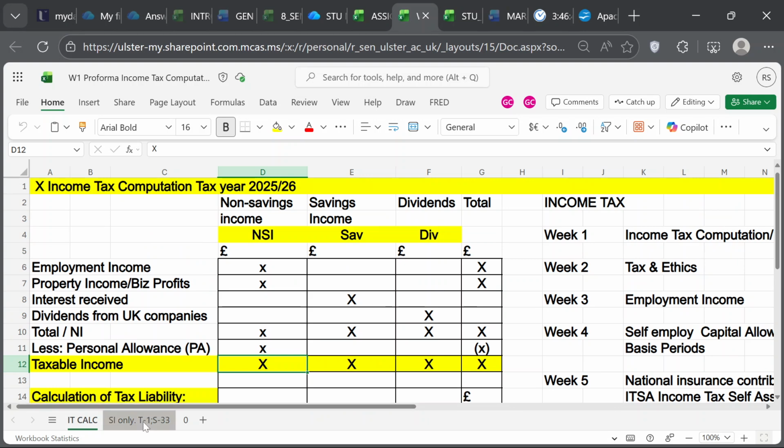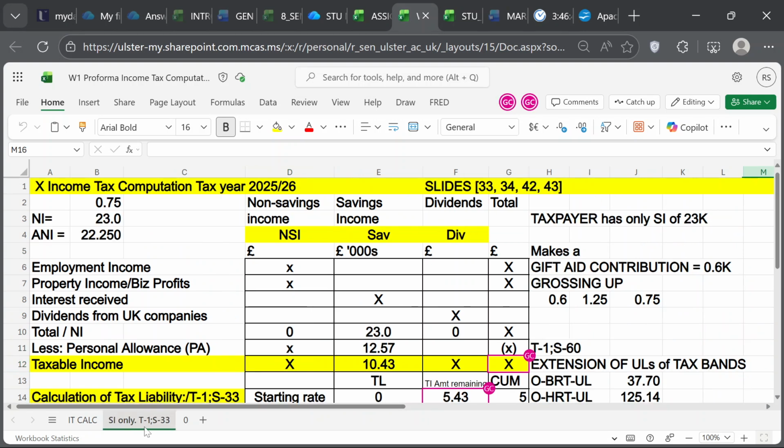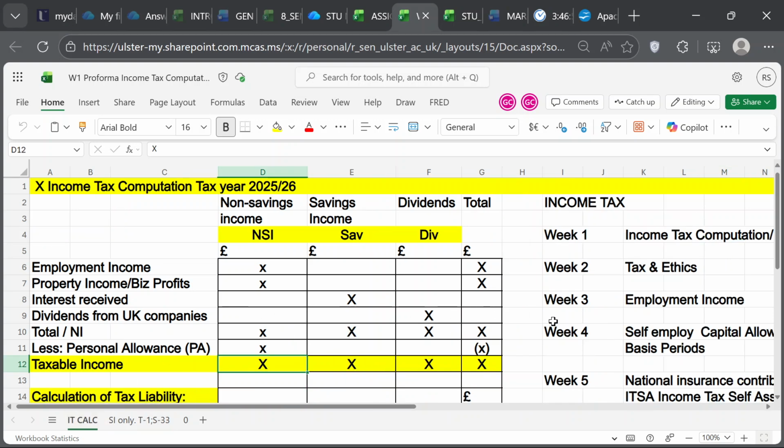I have just given a special example for SI only, which I discussed with you. So in response to your question, different questions have different formats, to some extent. When you're only dealing with property income, this is a slightly different format. But this basic format has to be followed, NSI, because property income goes under NSI. This is clear?